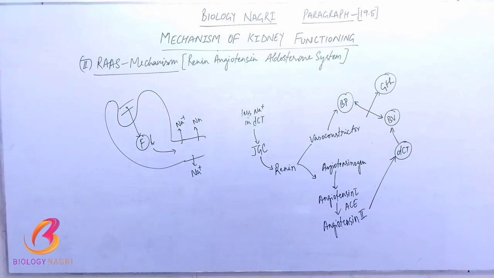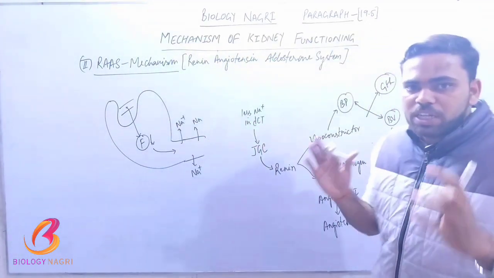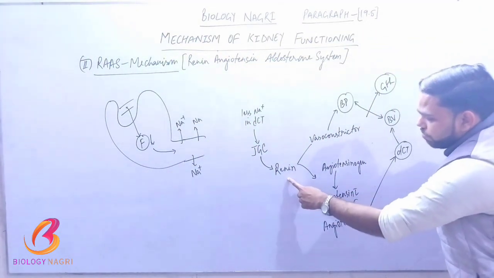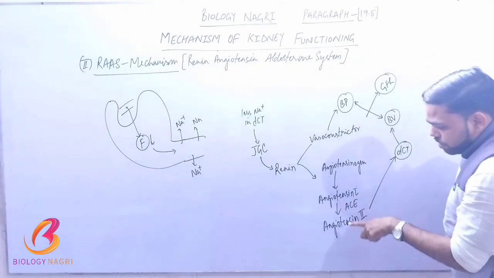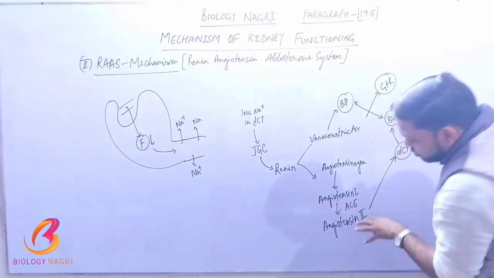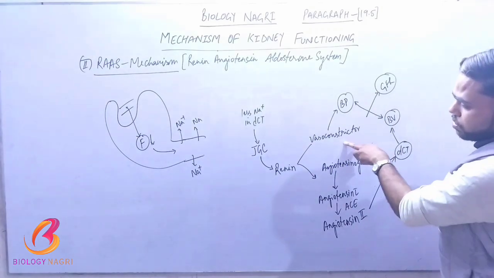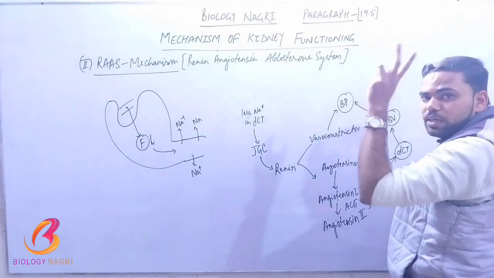But let's study one thing in more detail. Renin converts angiotensinogen into angiotensin 1 first, and further into angiotensin 2. Angiotensin 2 is a good vasoconstrictor and leads to an increase in blood pressure.